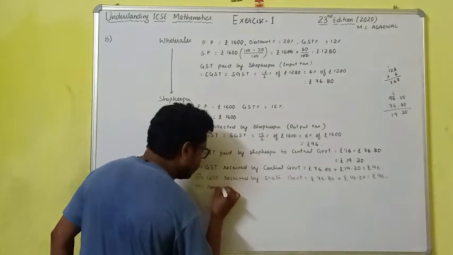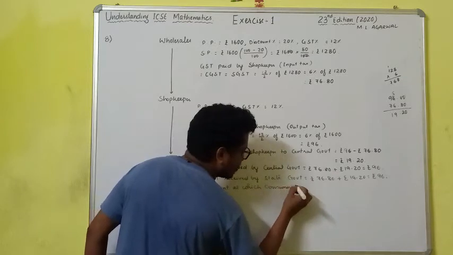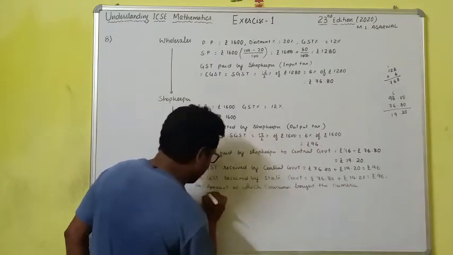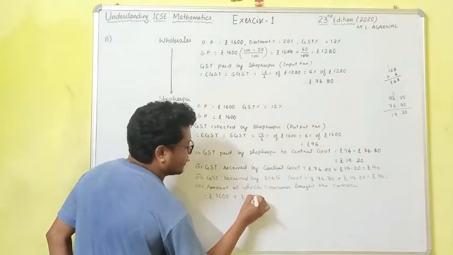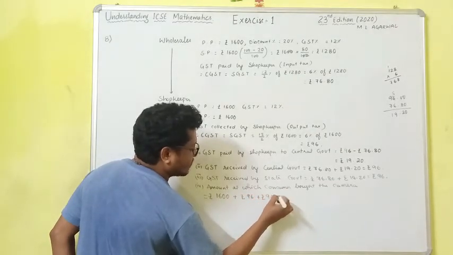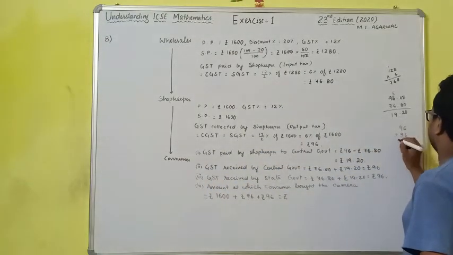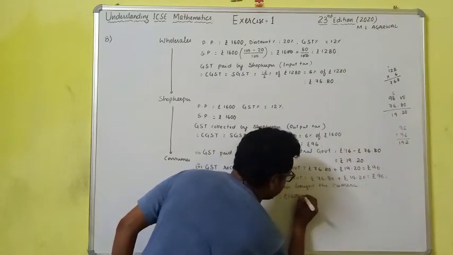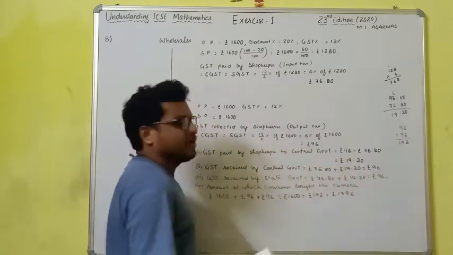The amount at which the consumer bought the camera is equal to rupees 1600 plus state government GST 96 plus central government GST 96. Now calculate: 96 plus 96 is equal to 192. 1600 plus 192 is equal to 1792, which will be your answer.